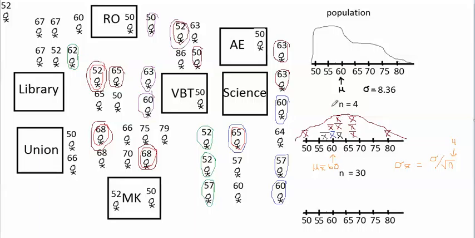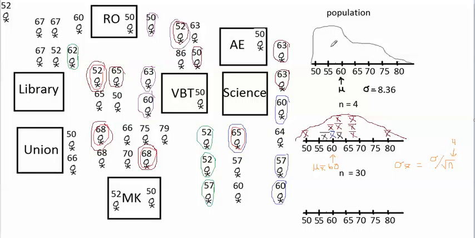Now I want the standard error to be low, and there's actually 2 things that affect the standard error. One of them is how much spread there is in the population. When the population standard deviation is high, and the population members are spread out far from each other, then the means of the possible samples are also more spread out, and the standard error is bigger. So when the population has more dispersion, the sampling distribution has more dispersion, and the standard error is bigger.